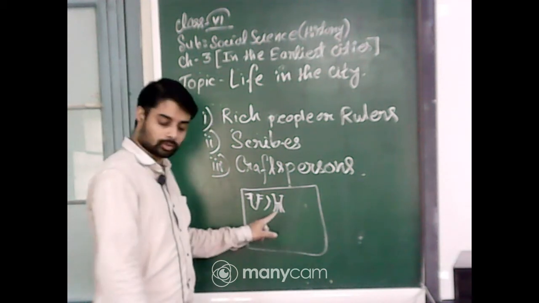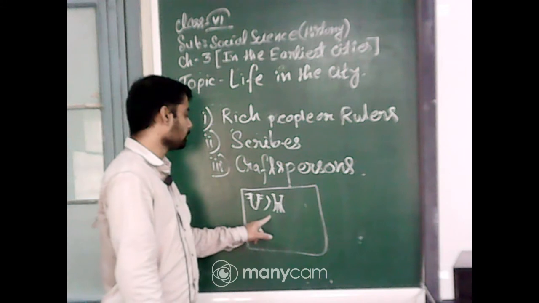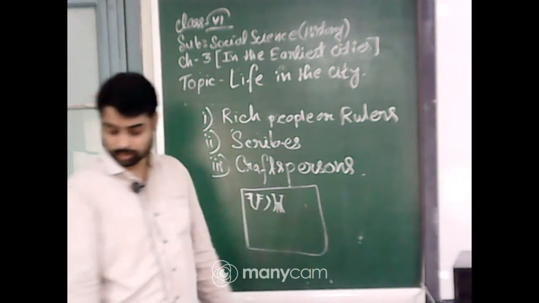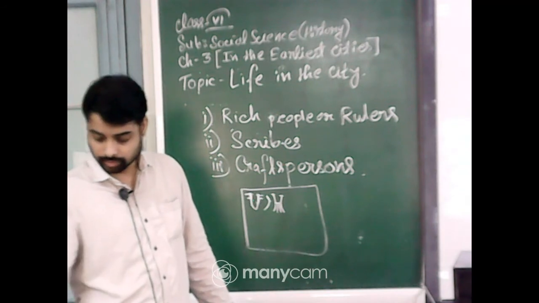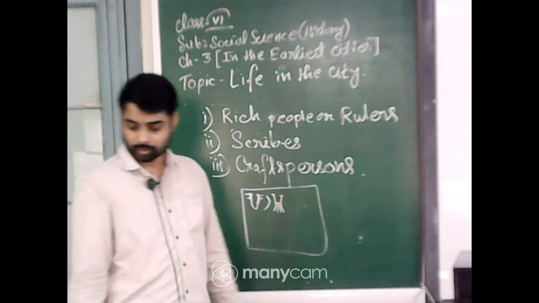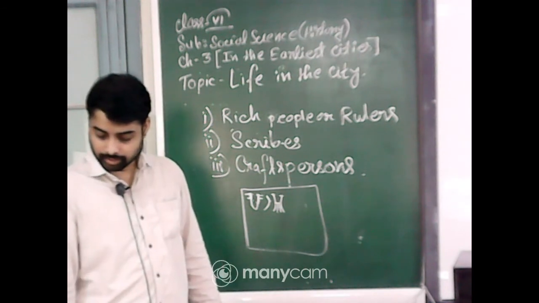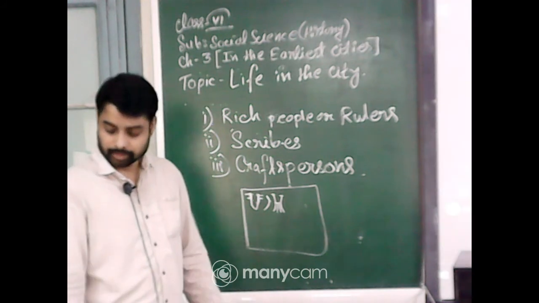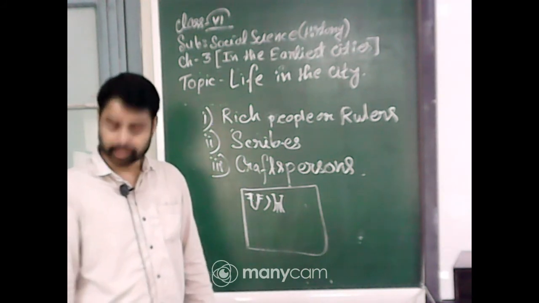But what happened is that today we don't know what was written at the time, because the scholars have not yet deciphered these scripts, and the signs on the top of the seal are part of the script, and these are the earliest form of writing known in the subcontinent.